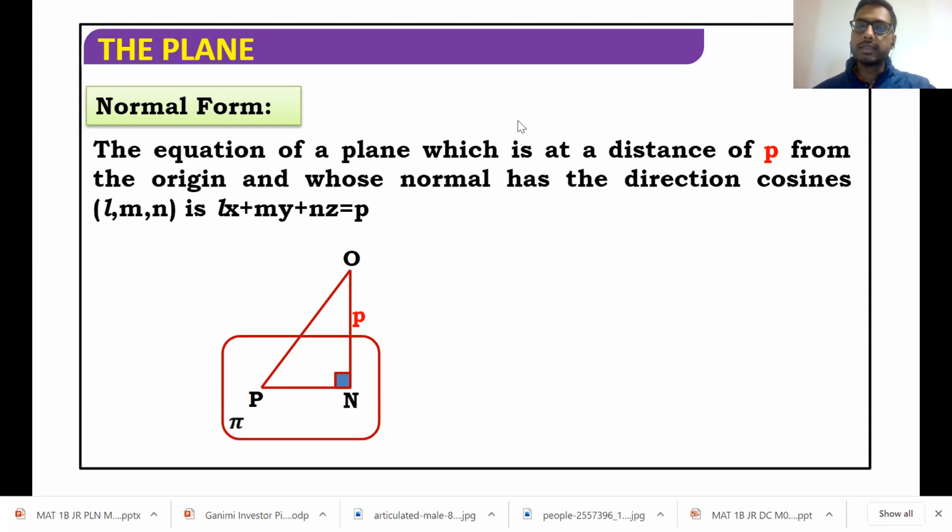Capital ON is the distance of the normal, or normal to the plane pi. In that form, the normal form of my plane is Lx plus My plus Nz is equal to p. So two general equations are, first one is ax plus by plus cz plus d is equal to 0, and another equation is, when you have your direction cosines, Lx plus My plus Nz is equal to p.